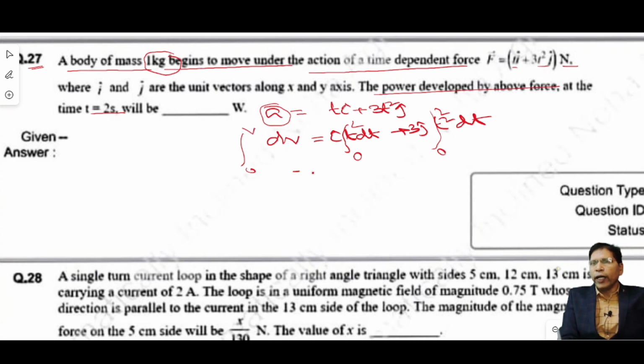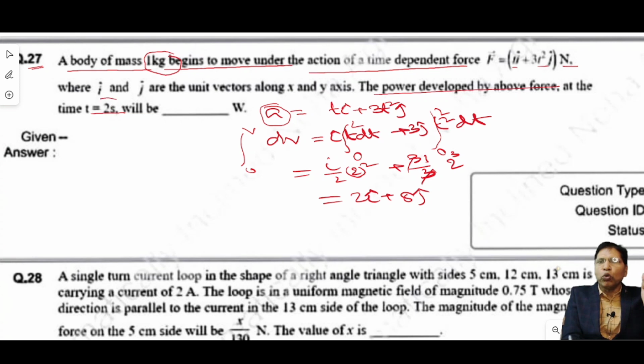So look at this, this is t square by 2, so this is I by 2 into 2 square, plus 3j by 3 into 2 cube. So this is 2 cube. So 2I cap plus, look at this, 3 cancels out, so 8j cap is the velocity.